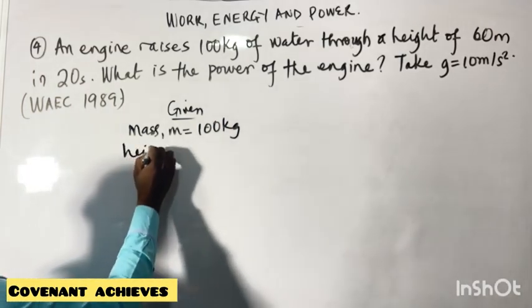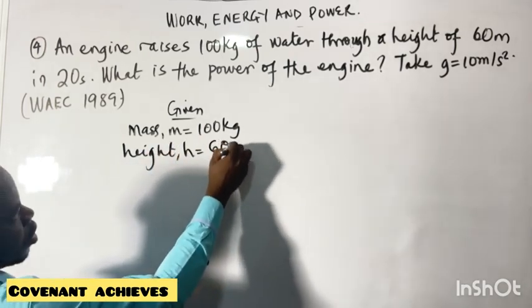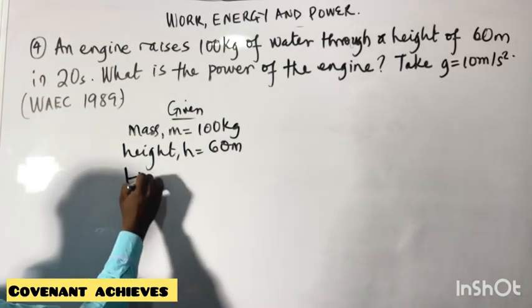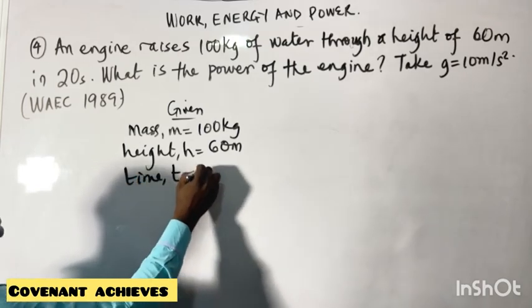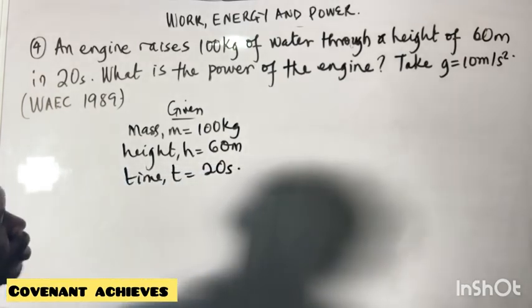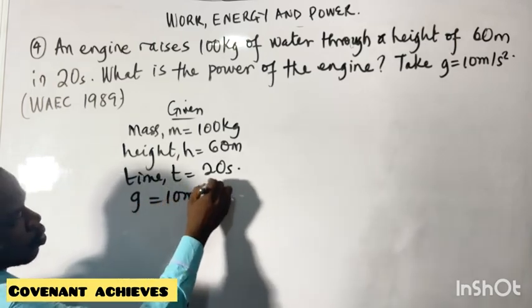We have the height, and the height h is 60 meters, in 20 seconds, time t is equal to 20 seconds. What is the power of the engine? And we are given g to be equal to 10 meters per second square.